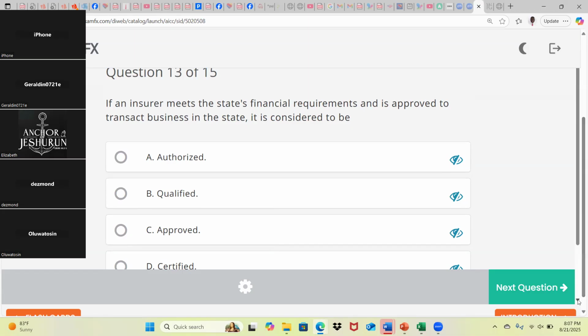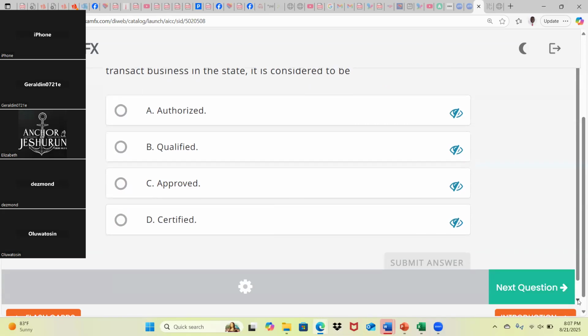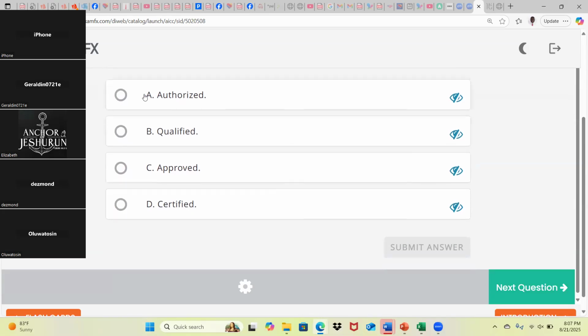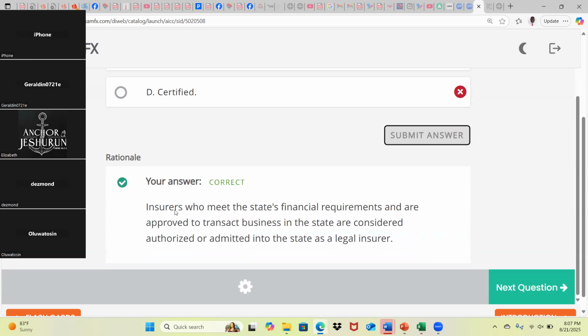I think it's authorized. Yeah. You said A. We think you're right. Let's do that. Do you want to read the explanation? Insurers who meet the state financial requirements and are approved to transact business in that state are considered authorized or admitted into the state as a legal insurer. Very true.